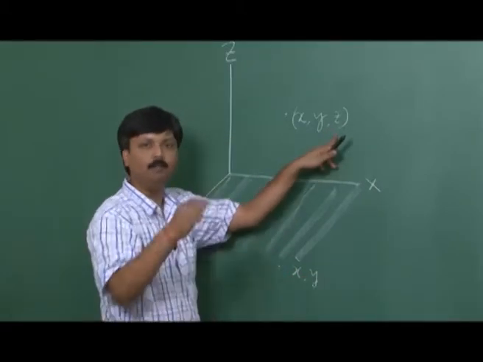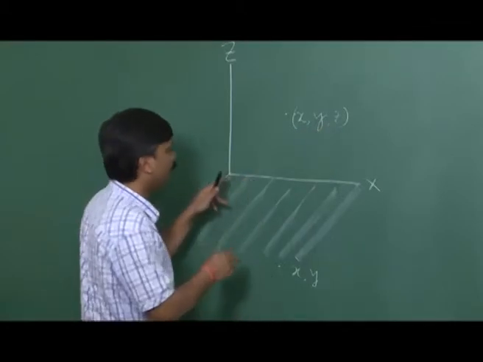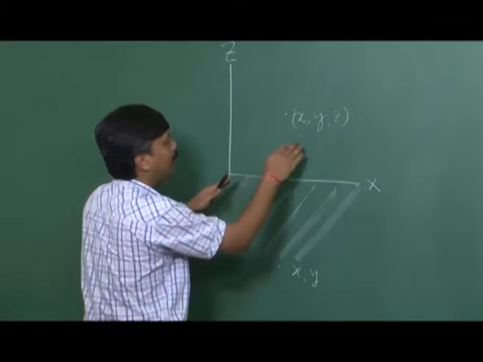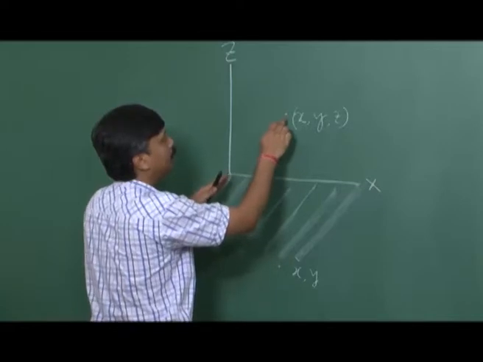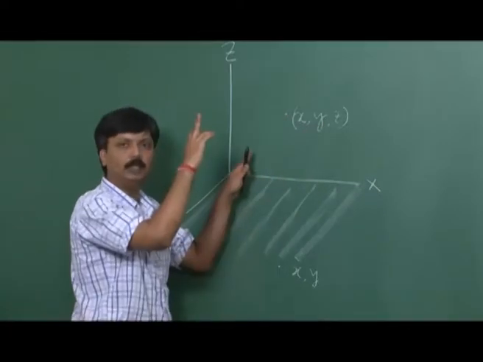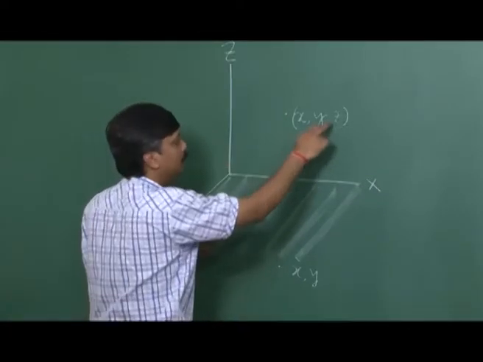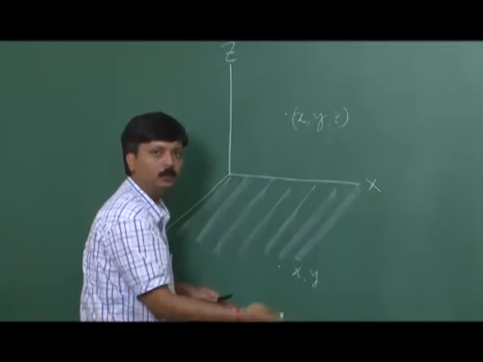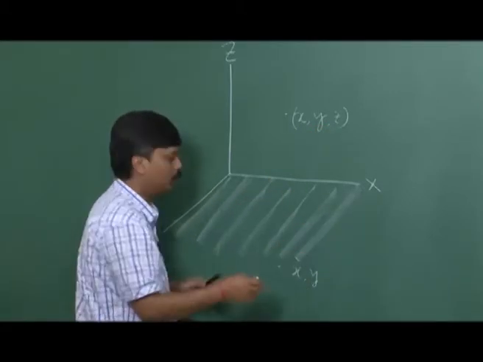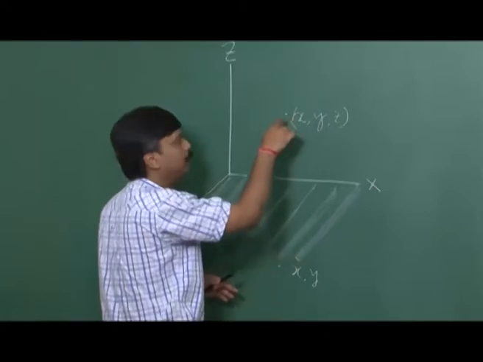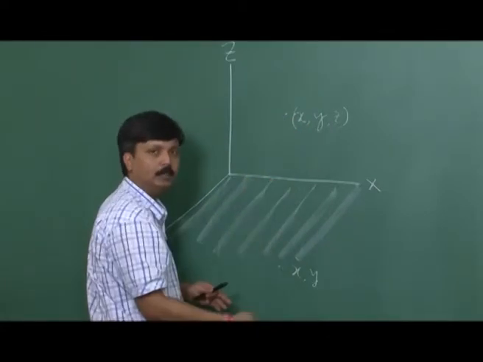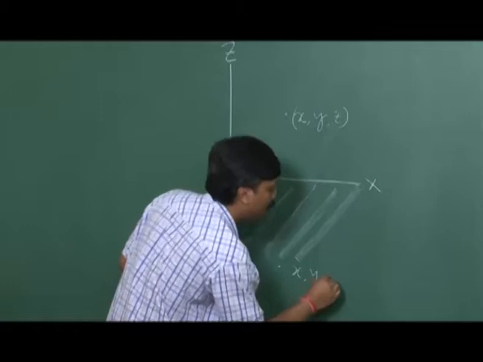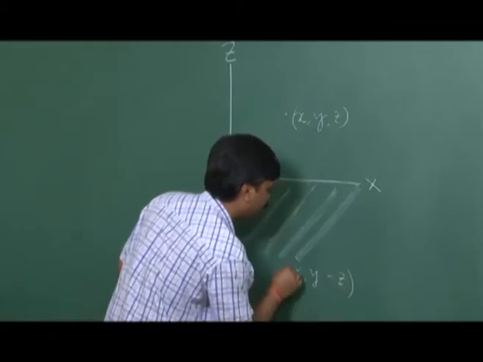So there this point will have coordinate x, y and z. I said it will be reflected. So right now I have the point where the z coordinate is in a positive z direction, correct. So now this z will go downside and it will have a negative coordinate. So it will be exactly inverted because reflection will take you equal distance on the other side of the plane. So you have minus z, okay.